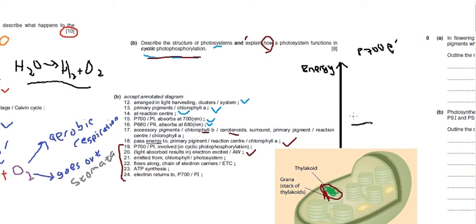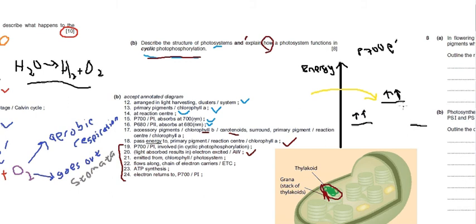Then this energy comes in to the electron, from the accessory pigments, which is again from the sun, from the light. Here the electrons move to a higher energy level. Then after that they again move to the lower energy level.